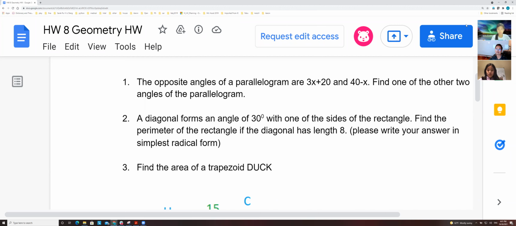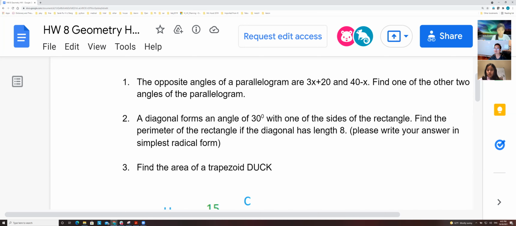Since the diagonal's length is 8, you can use 30, 60, 90 to get the other values, and then you just add them together and times by 2. The answer will be 8 plus 8 root 3. This is Avanish, group number 5.